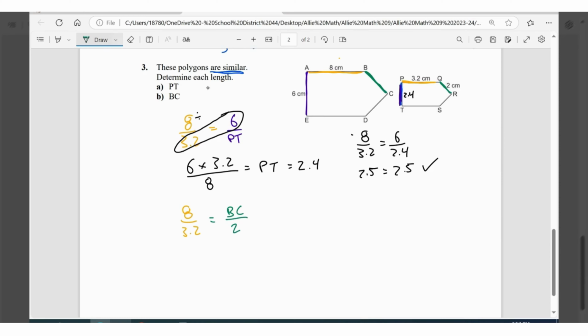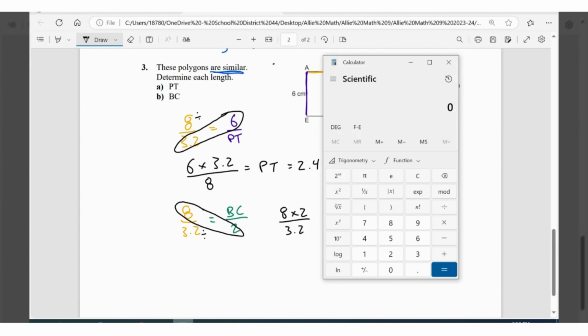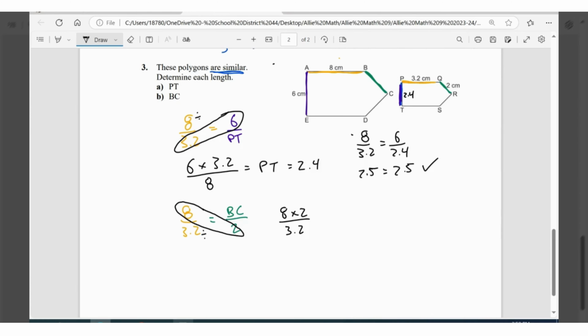And then we can do the same cross multiplying and dividing. We look diagonal. We can see these are the two numbers that are diagonal from each other. And we're going to divide by the third one. So we're going to have 8 times 2 divided by 3.2. So let's do it. 8 times 2 equals 16 divided by 3.2 equals 5. Sorry, we should say BC equals 5.